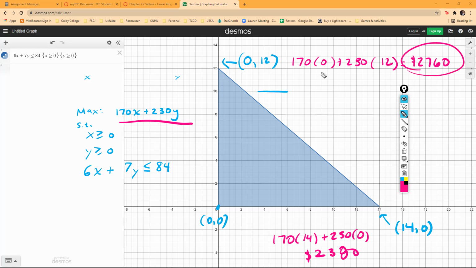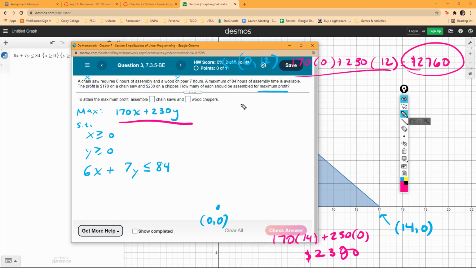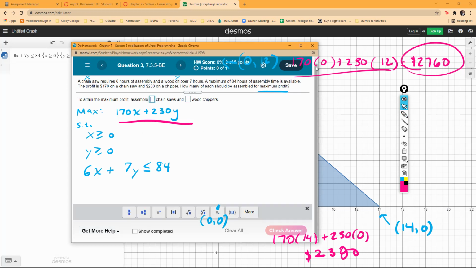So it looks like assembling 0 chainsaws and 12 wood chippers would give me my maximum profit.